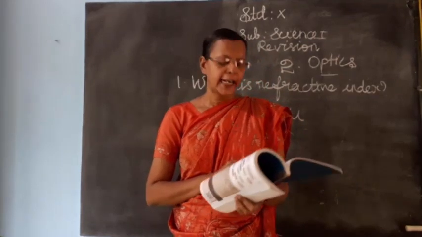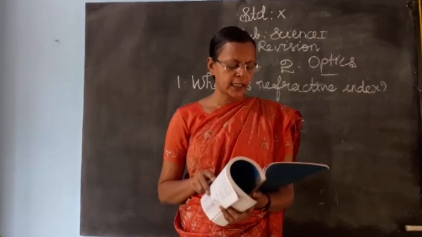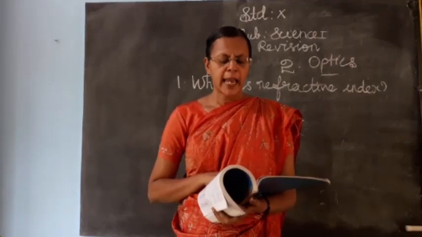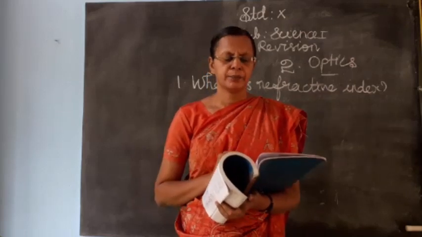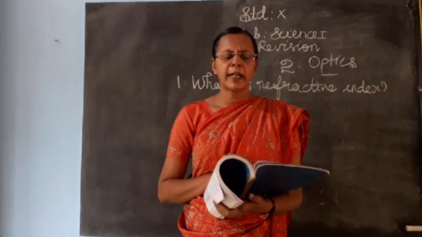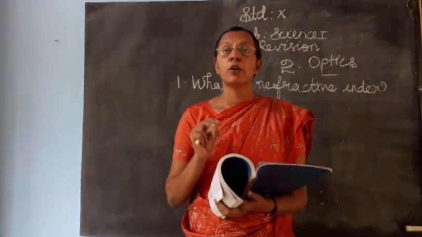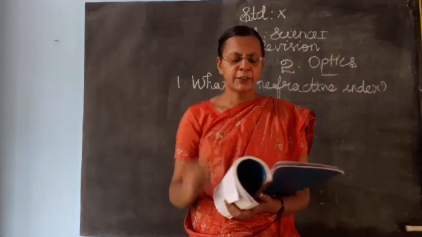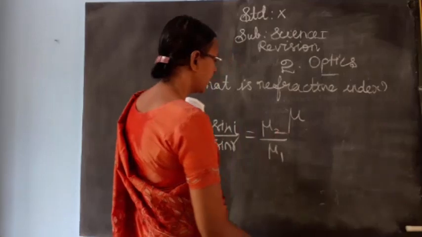State Rayleigh's law of scattering. The answer for this question is on page number 18, second column, second paragraph, below Rayleigh's scattering law. Rayleigh's scattering law states that the amount of scattering of light is inversely proportional to the fourth power of its wavelength.